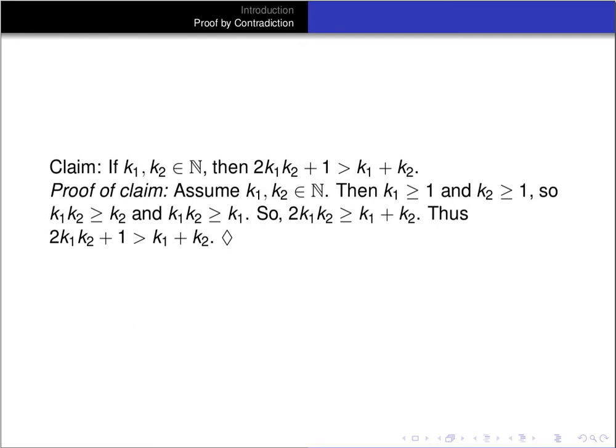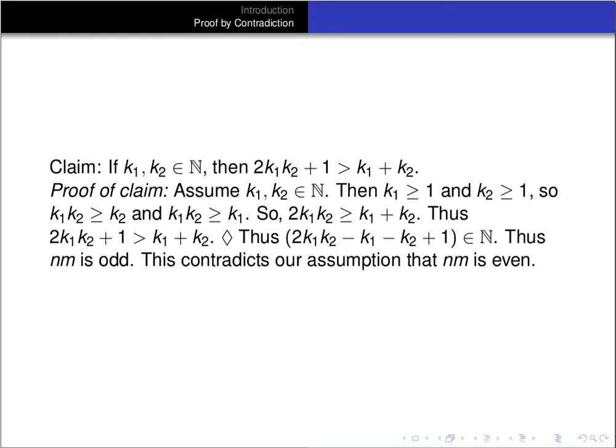If we add 1 to the left-hand side, we get something even larger: 2k1k2 plus 1 is greater than k1 plus k2. So the thing in the parentheses, 2k1k2 minus k1 minus k2 plus 1, is a natural number. And so n times m is 2 times a natural number minus 1, which means that it's odd. And that contradicts our assumption that n times m is even.